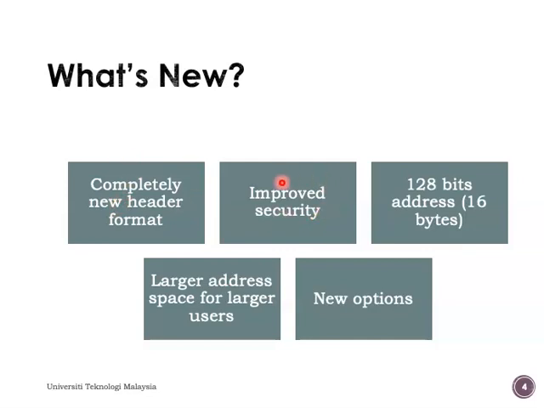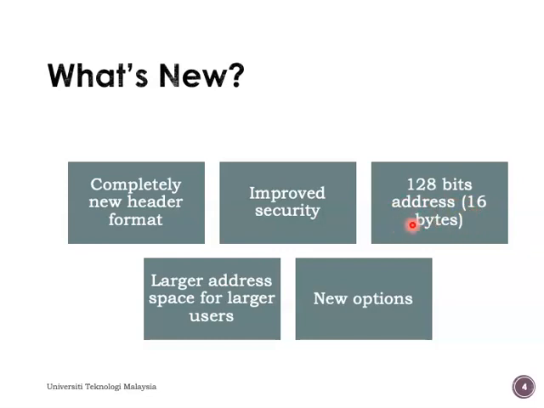And also it improves security, where confidentiality and integrity of the packet are added to the network layer. IPv6 also has 128 bits of address, which is equivalent to 16 bytes.